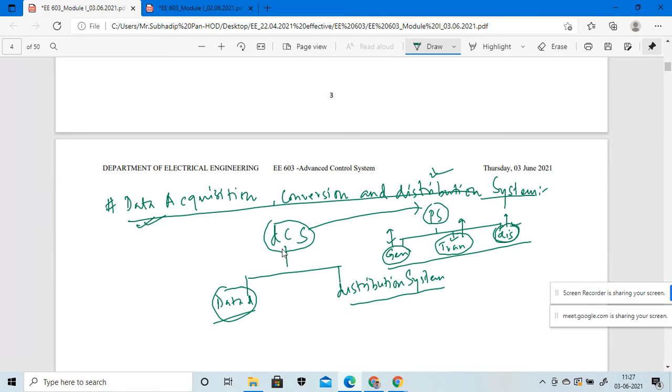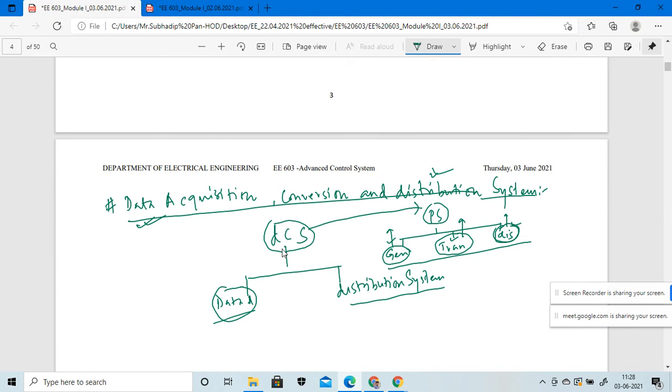Each and every system will be needed for the data acquisition and the distribution, as well as the conversion process. And this data acquisition and distribution system is a very integral and important part of any such kind of power system, or digital control system, or any such kind of process, right?